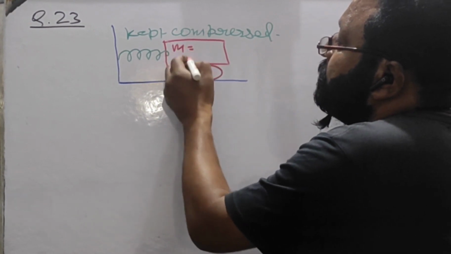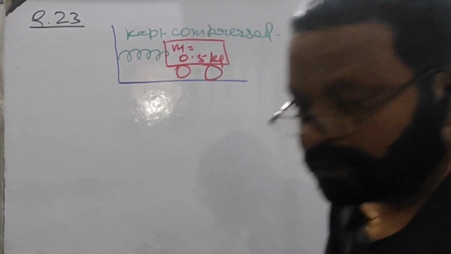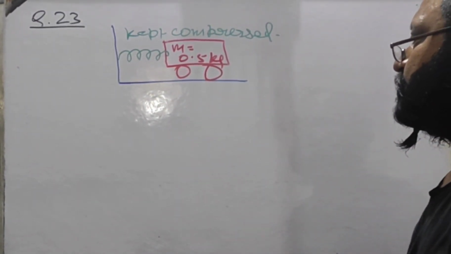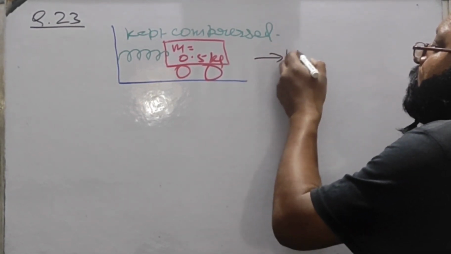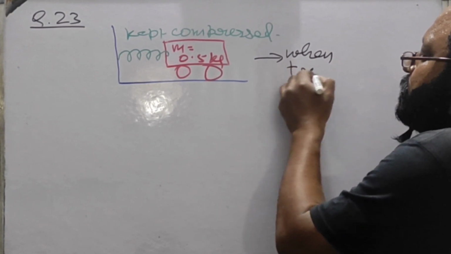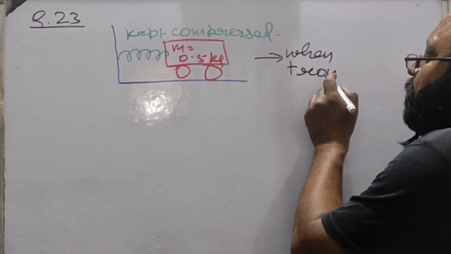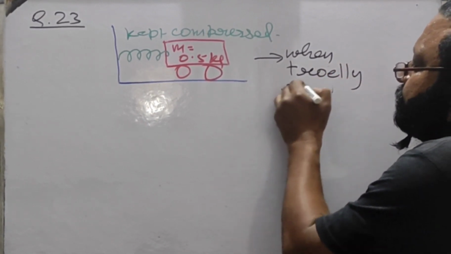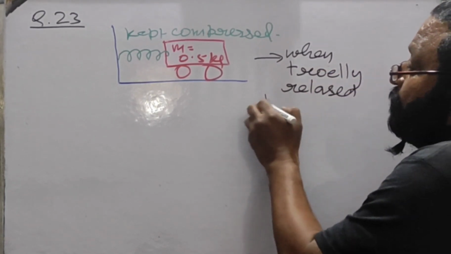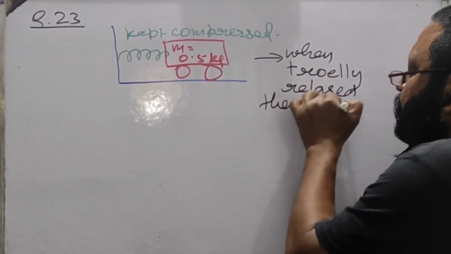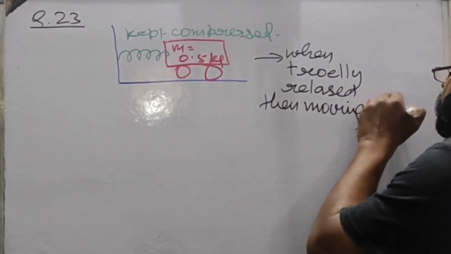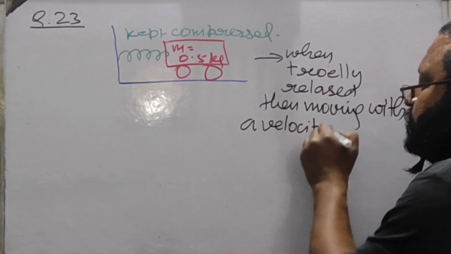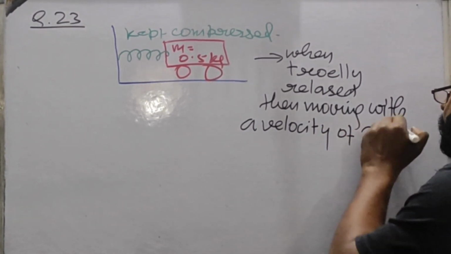Now, when the trolley is released, it moves with a velocity of 2 meter per second. Very nice.